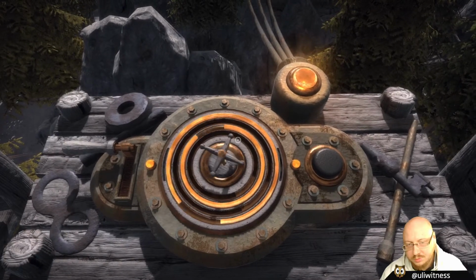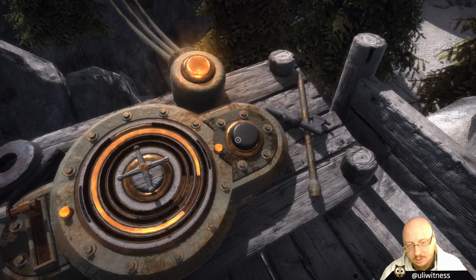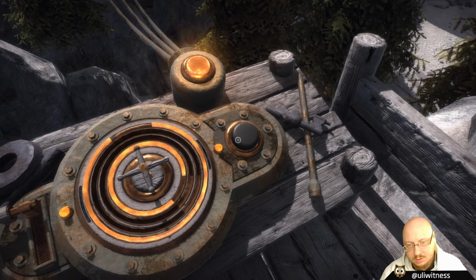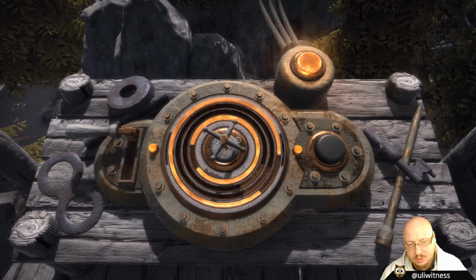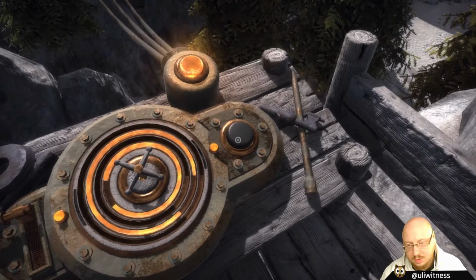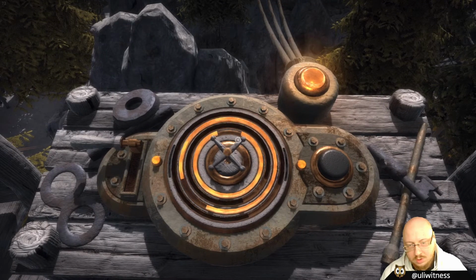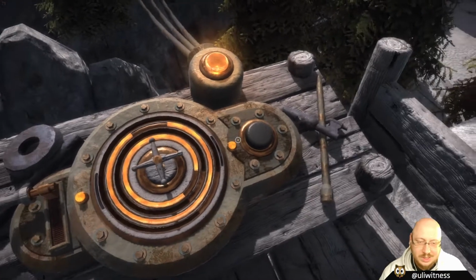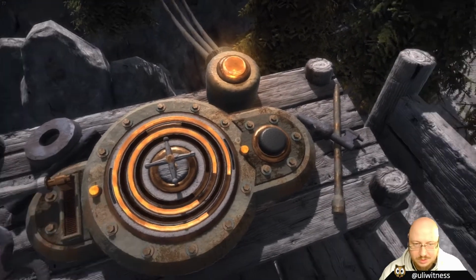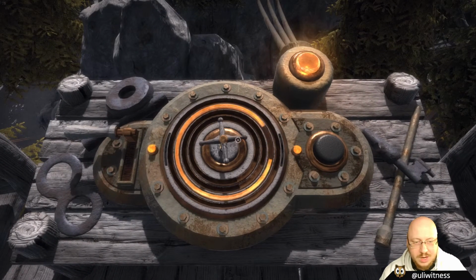So let's move this one. And who else can move the outer one? No. I don't... Wait. Yeah, this one I can move alone, so now I can finish it.